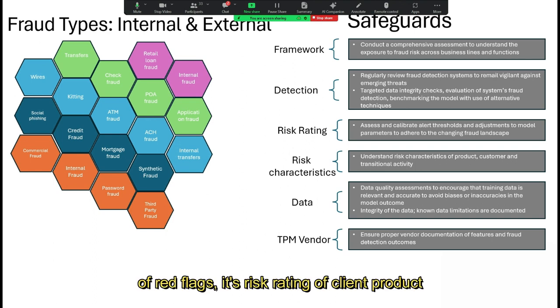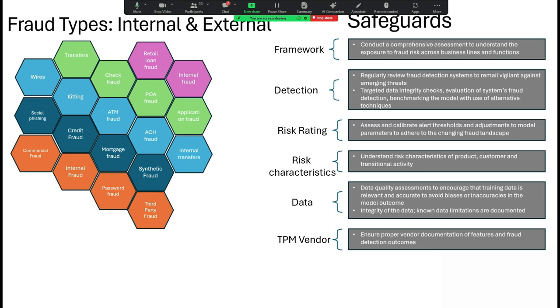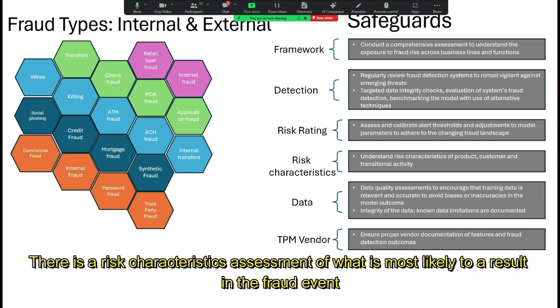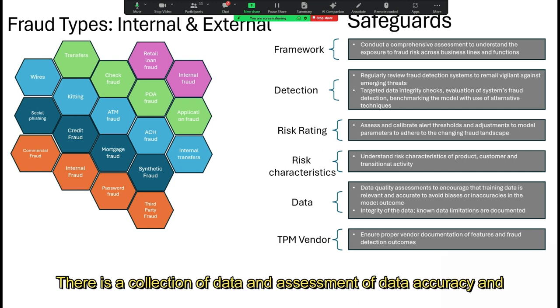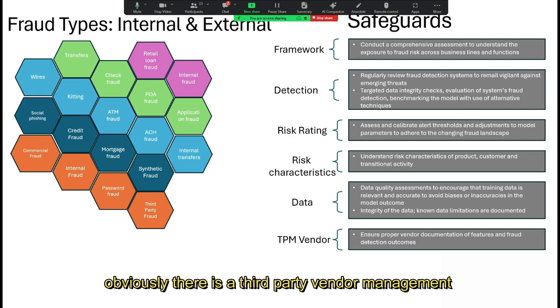It's risk rating of client, product, and transactional profiles to identify what those risks are, and we will talk about it later on. There is a risk characteristics assessment of what is most likely to result in a fraud event. There is a collection of data and assessment of data accuracy, and obviously there is third-party vendor management.